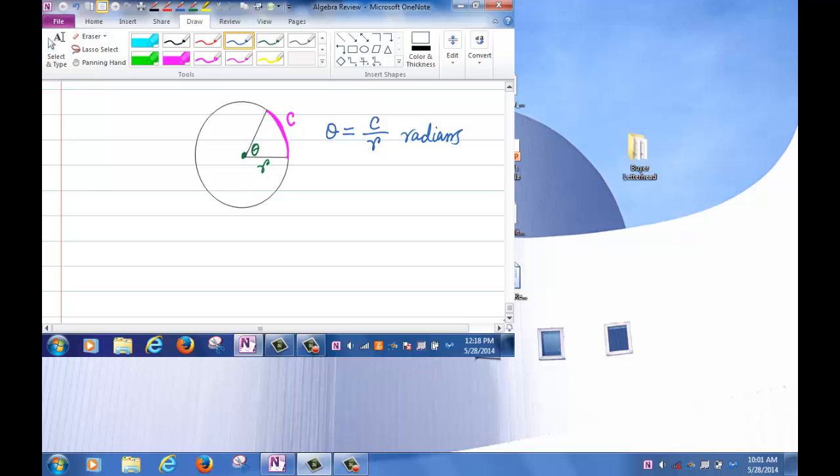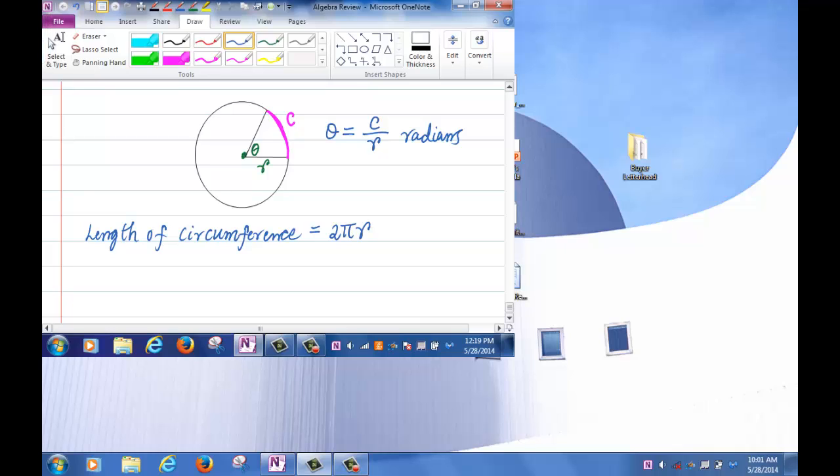First of all, does anyone remember what's the length of the circumference? 2 pi r. That's the length of the circumference.